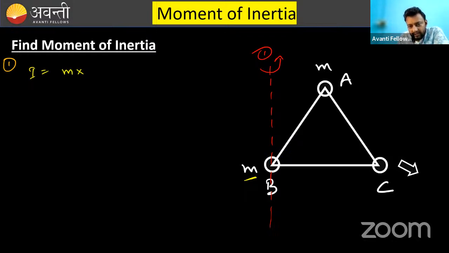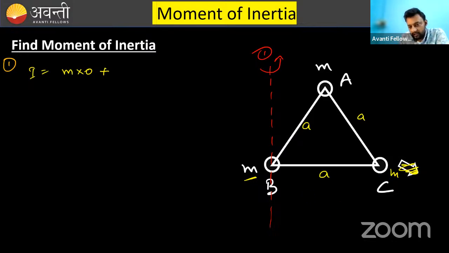This mass is on the axis, so the perpendicular distance will be 0. If the axis is passing through that point, then the axis is at zero distance from that point. Now again, I am taking another particle, of mass m. The side of the equilateral triangle is a.